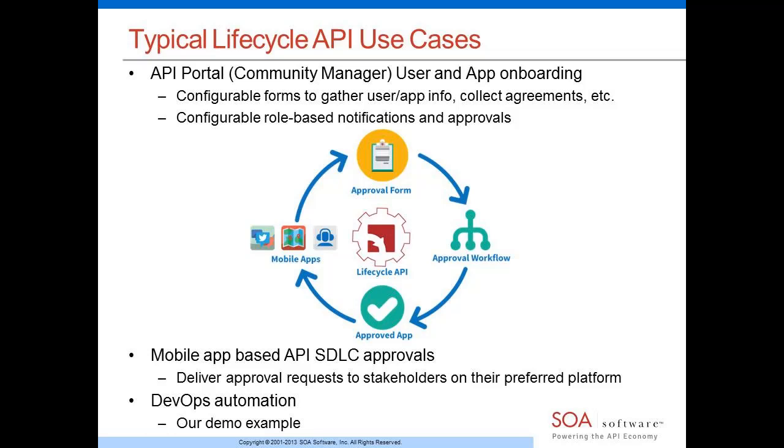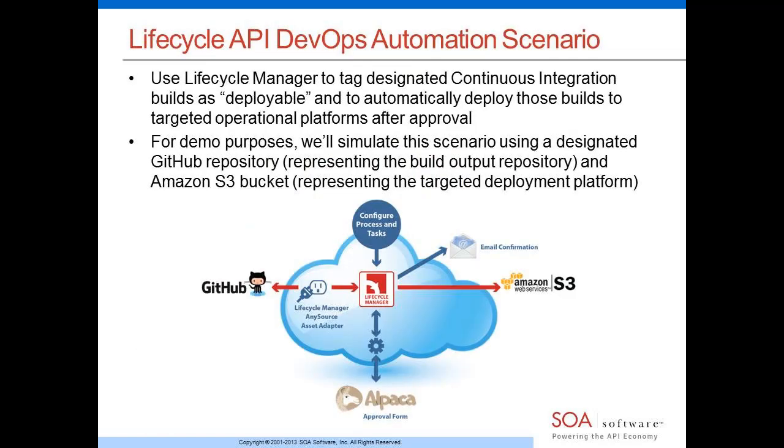Another case that might be relevant is supporting mobile-based approvals. So part of being agile is making sure that people get the right information in the format and on the platform that makes most sense for them.